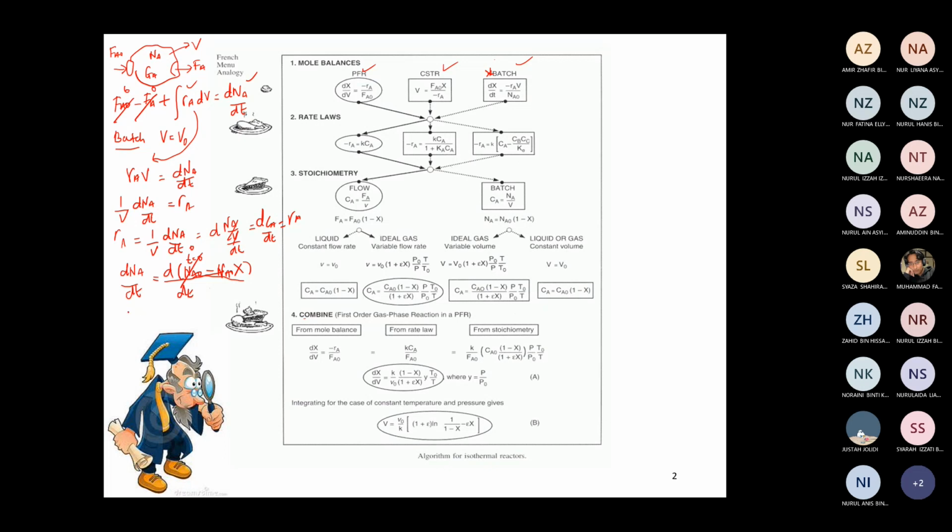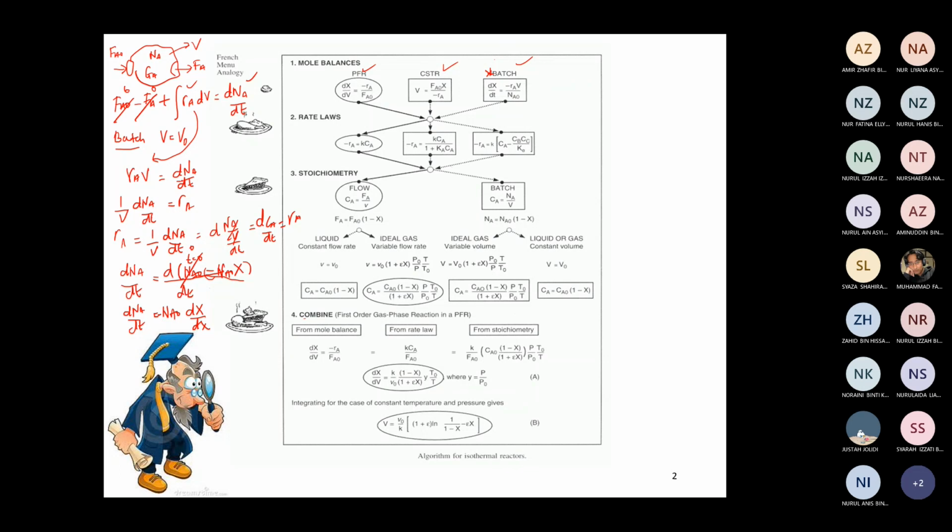NA naught is a single value, so you can put it outside, so it becomes NA naught dX over dt.